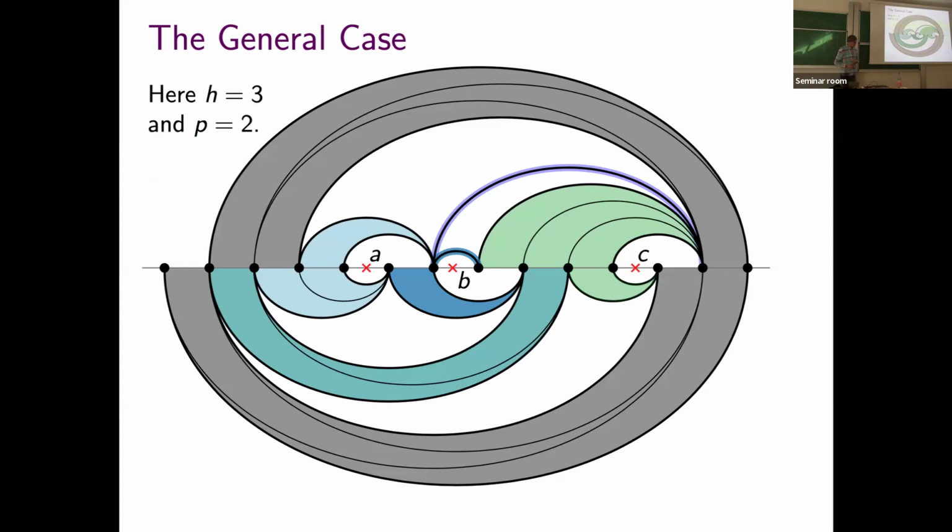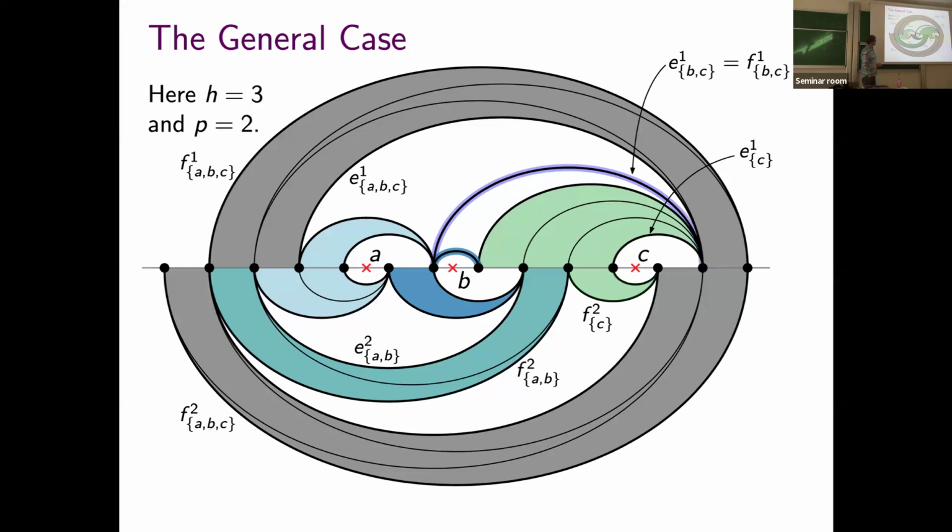I need a little bit of notation. You remember these E and F edges that delimit the choice, and I have a new index that tells me which edges, which points in my hitting set, are bridged by these edges. So, for example, the edges over here, they only bridge C. The edges here in this thin purple strip, they bridge B and C, and so on.